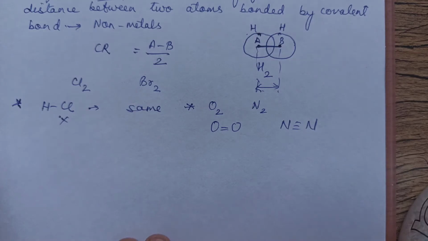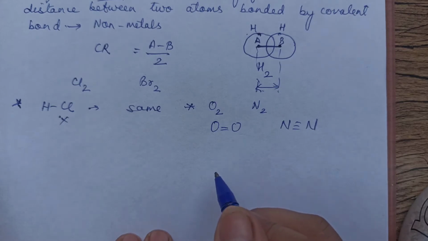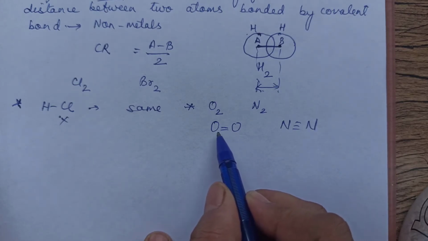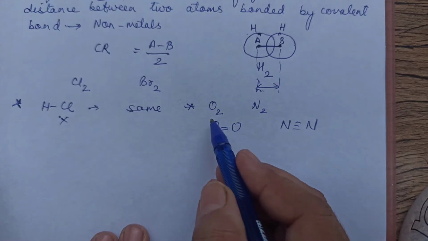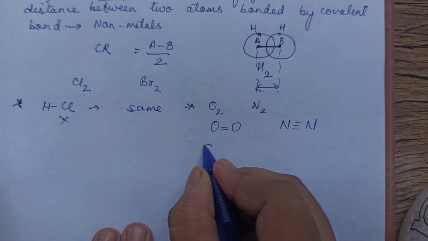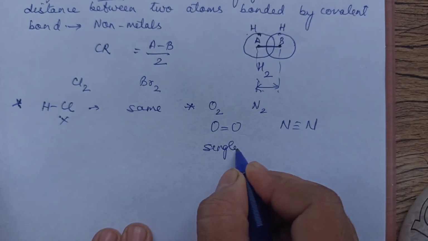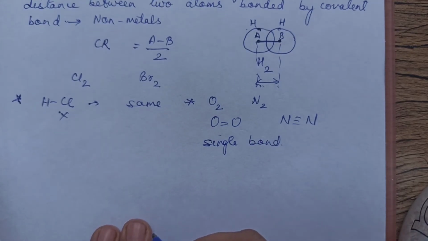Double bond means the bond length will be less, and we will not be able to measure the accurate distance, because the length will be much less than the actual. One sigma bond is formed and one more pi bond. Same way here, triple bond. So we need to select molecules in which the two atoms are the same, first condition. Second, both should have a single bond. If it is a double or triple bond, you will not be able to measure the radius accurately.